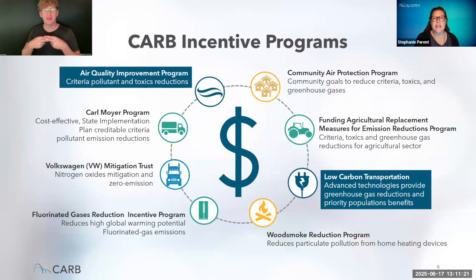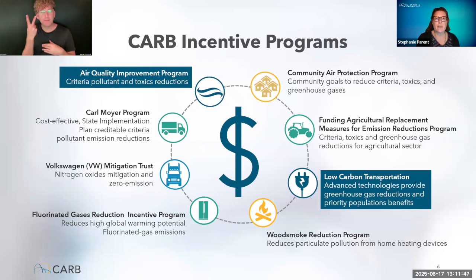Moving on to CARB's incentive programs. This slide shows CARB's broad portfolio of funding that it administers to improve air quality, enhance community protection, and reduce greenhouse gas emissions. Today's presentation focuses on the two programs shown in the dark blue boxes, low carbon transportation and the air quality improvement programs.